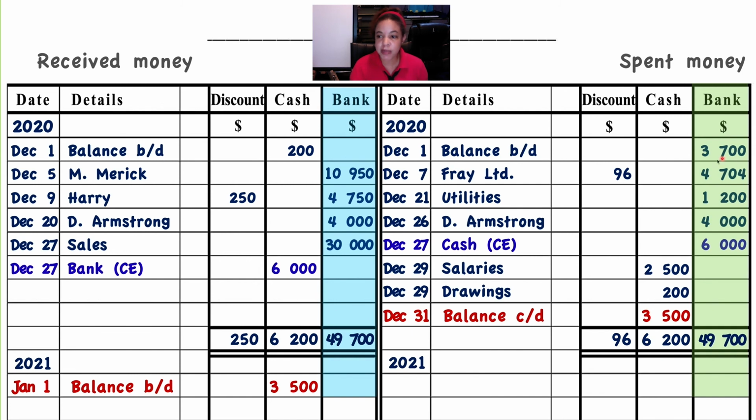And that means because this side is less, these things do not add up to the 49,700. Your balance carried down will be your missing figure, your remainder, your balance after you have spent this money. And so therefore it will be 49,700 minus these things. And that will give you $30,096.